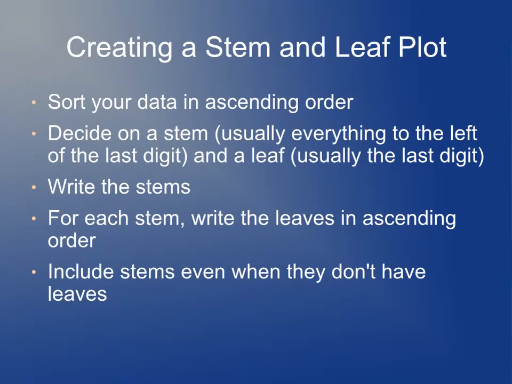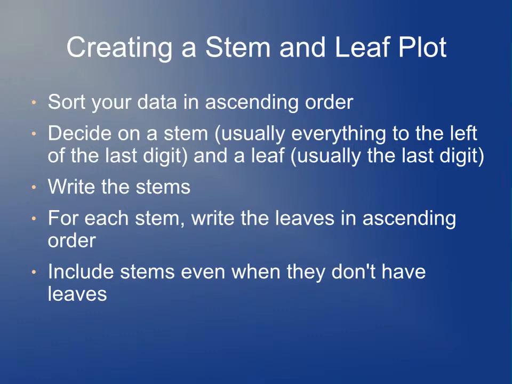To create a stem and leaf plot, I'll describe this in more detail on the next slide, but you sort your data in ascending order and you decide on a stem. There's a number of different ways you can do it.